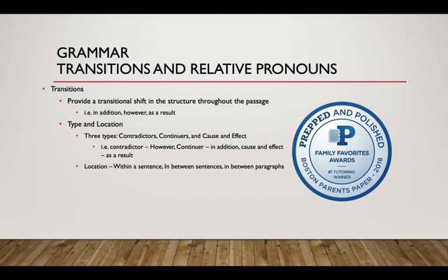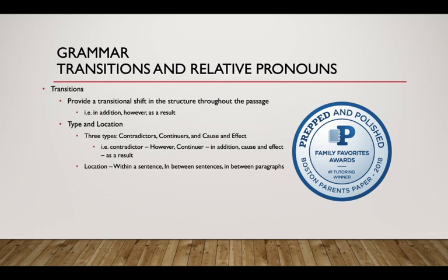Now I have to pay attention to where they are, as well as what types there are. There are three types: contradictors, continuers, cause and effects. Now I've listed a couple of examples for contradictor, however, continuer, in addition, cause and effect, such as a result. Now all of these different types perform different functions. Specifically, a continuer continues on the main dialogue, or what we're talking about.